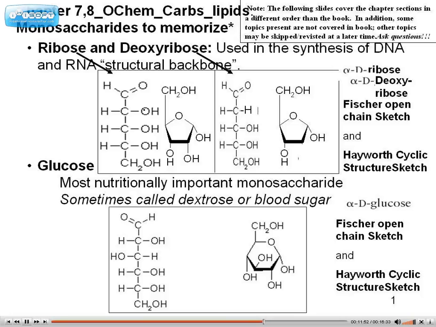By changing the position of this hydroxyl group to the other side, it's going to change the overall spatial arrangement. And when it comes to biochemistry, that's really bad. It turns out all of your enzymes for speeding up reactions in your body, they're tailored to only work with one type of biomolecule. And everything has to be perfect.